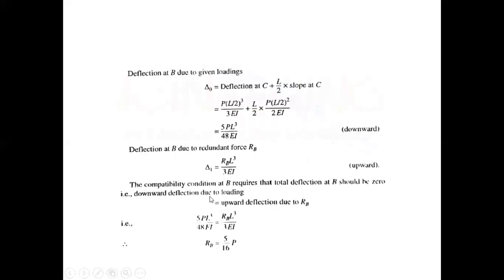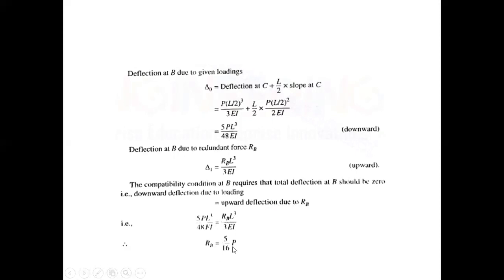Now the compatibility equation says that the downward deflection due to loading for the equilibrium state should be equal to the upward deflection due to RB. So this is PL cube upon 48EI. This will be equated to RB L cube upon 3EI, and that will give the value of RB equals 5P upon 16.